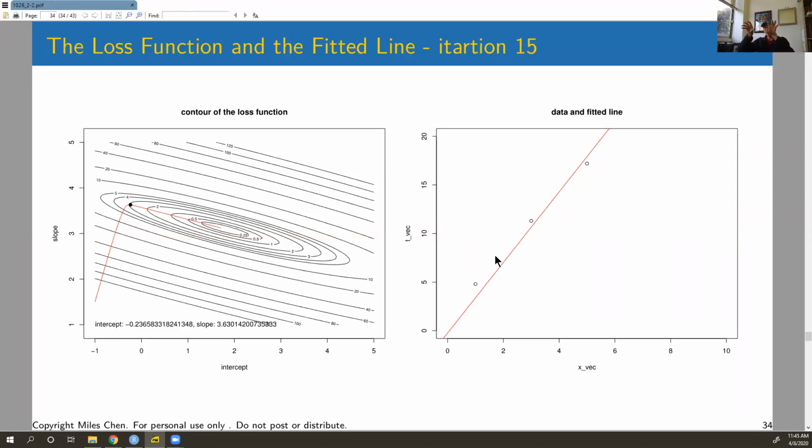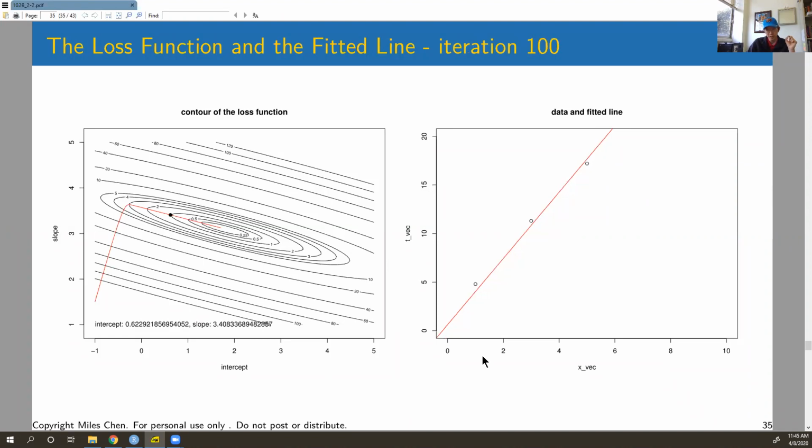Imagine you've got two knobs, like an Etch-a-Sketch, except one knob controls how steep the slope is and the other controls where your intercept is. One brings your intercept up and down, and the other controls how steep it is. What we're trying to do is adjust the steepness or the intercept just so that the squared errors get minimized.